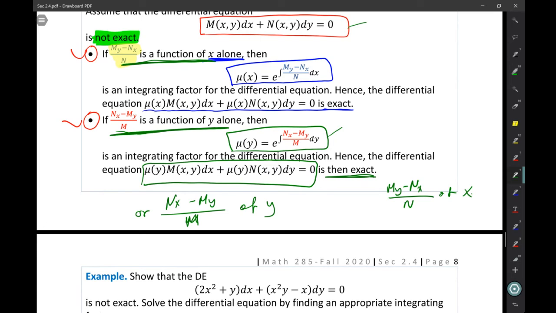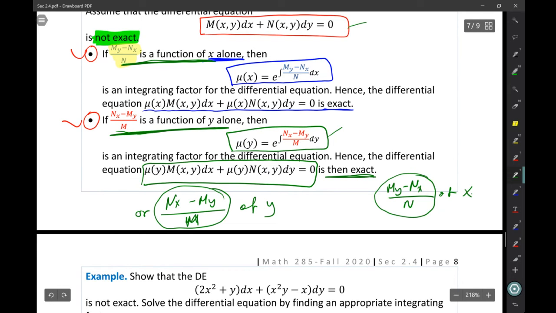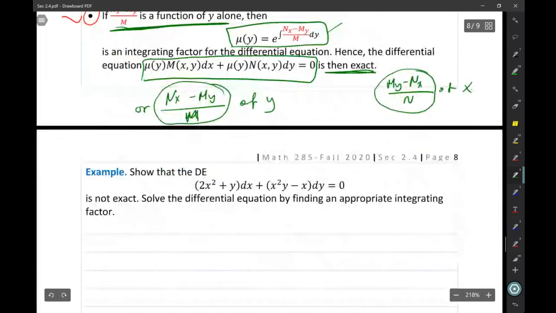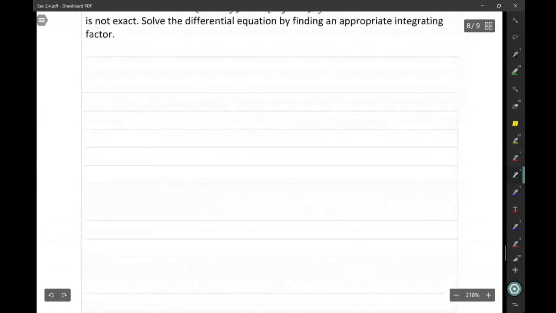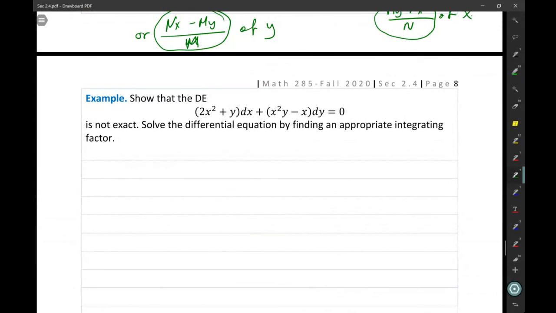Then you will take e to the power of the integral of this part, or of this part. It becomes your integrating factor. Let us see the following two examples. Let's see the next two examples about the integrating factor.